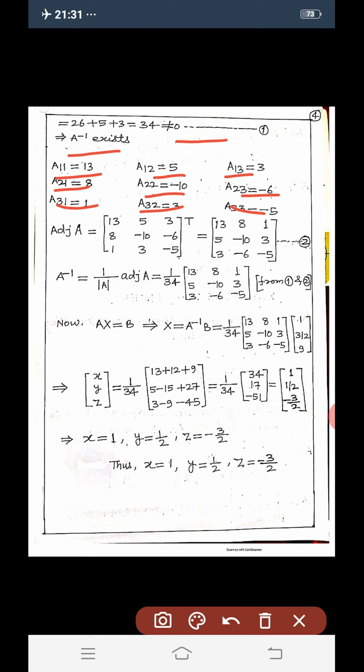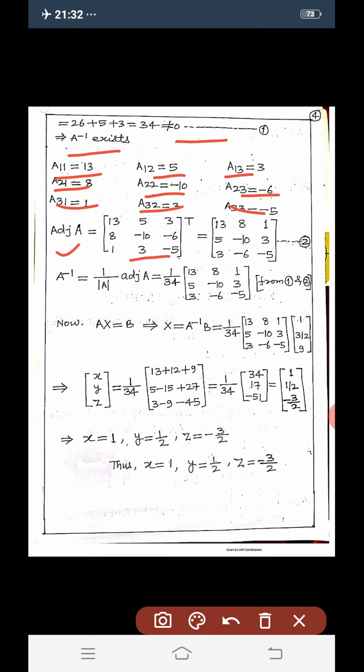Now we find adjoint A. This is equal to the transpose of the matrix of cofactors, and this is equal to 13, 8, 1, 5, -10, 3, 3, -6, -5. This is taken as 2.